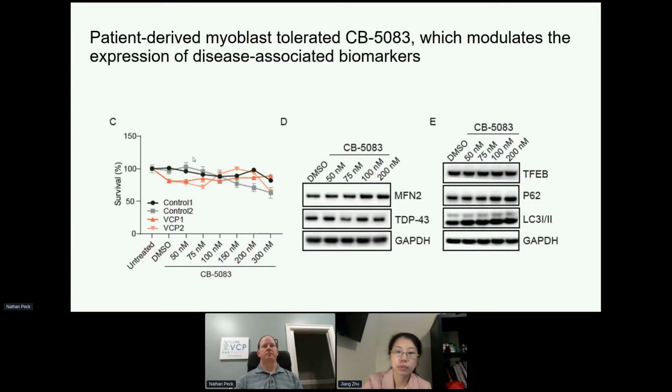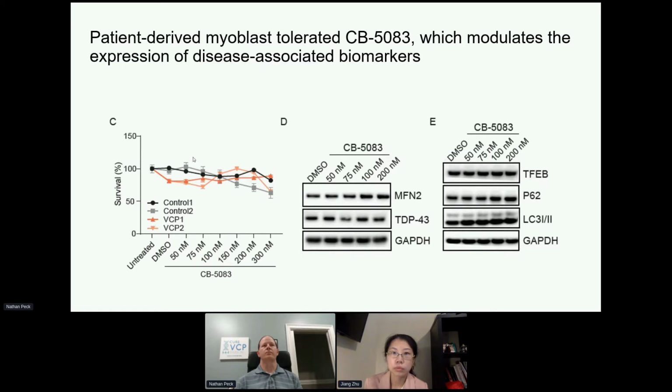Then we looked at whether these cells are able to tolerate CB5083 treatment. So we treated cells with CB at doses between 50 and up to 300 nanomolar, and we see steady survival rate, suggesting that these cells are able to tolerate doses of up to 300 nanomolar of CB treatment.